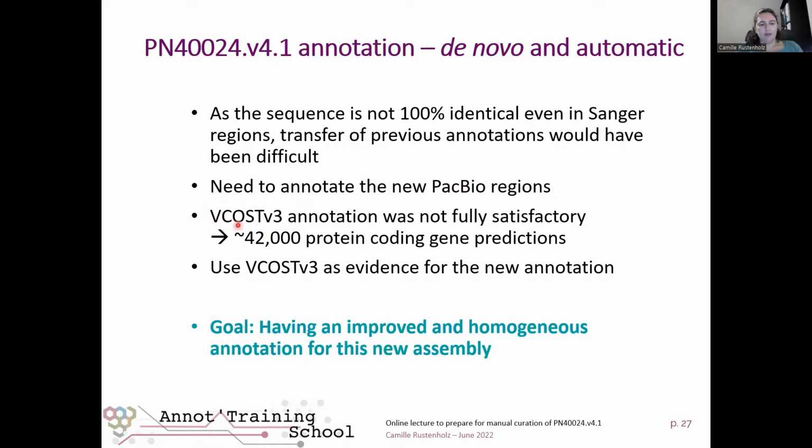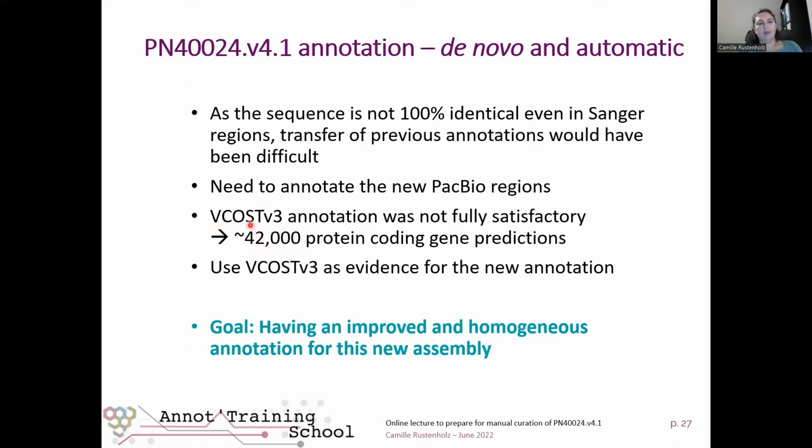Also, the previous annotation, whose name was VCOST V3, was not fully satisfactory. The genomic experts were not very keen on using it because it was somehow too rich in protein coding genes, and it counted about 42,000 predictions, which was supposed to be too high for a genome of the size of the grapevine genome.